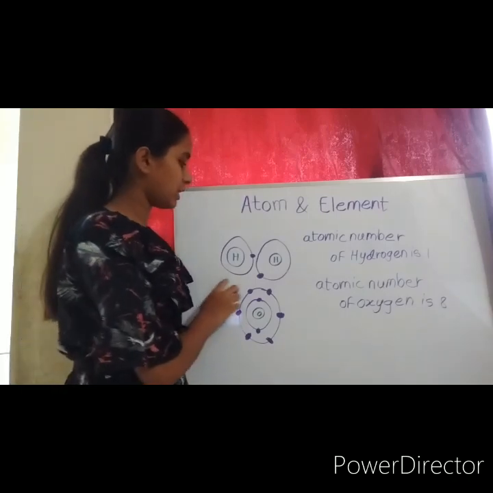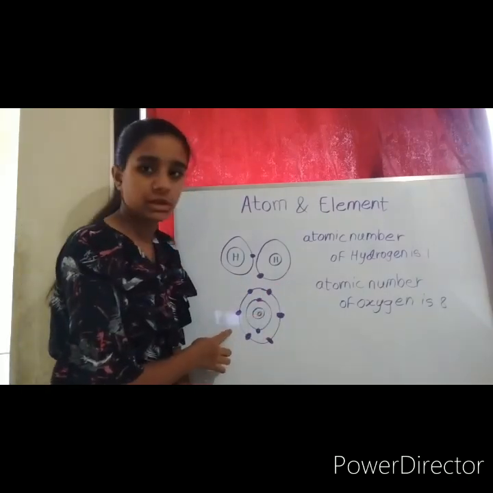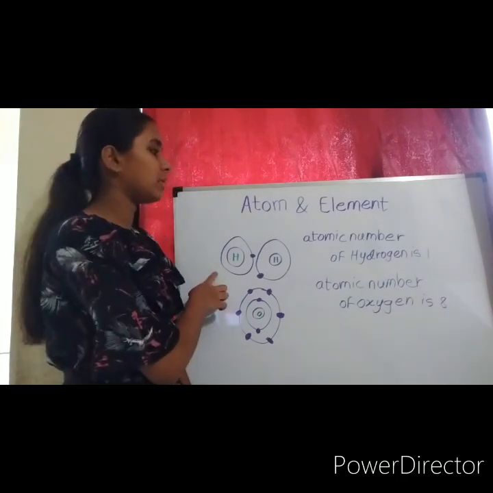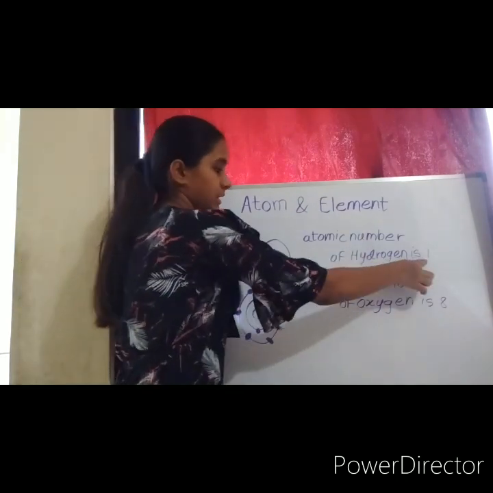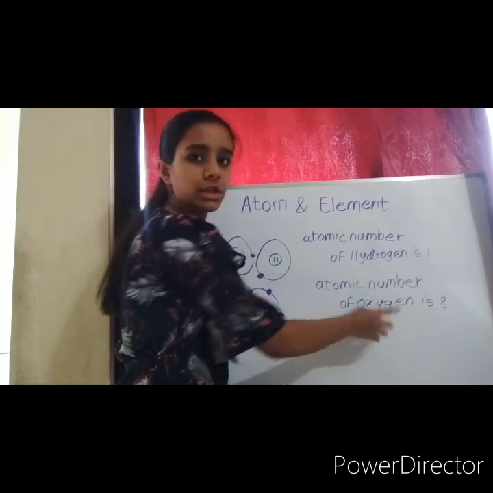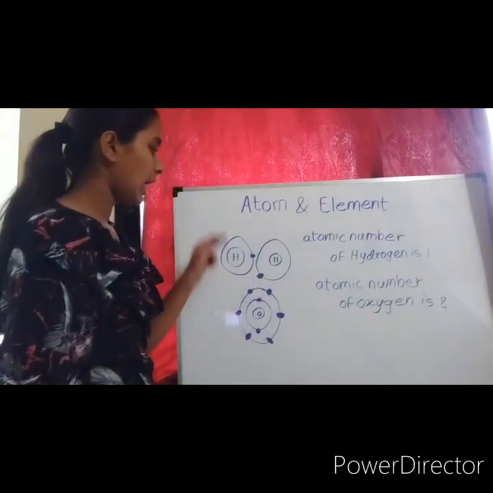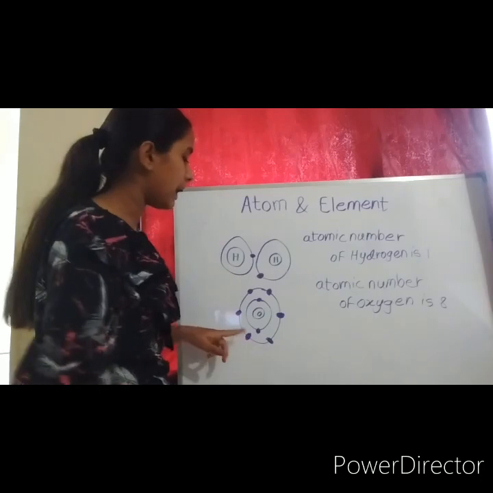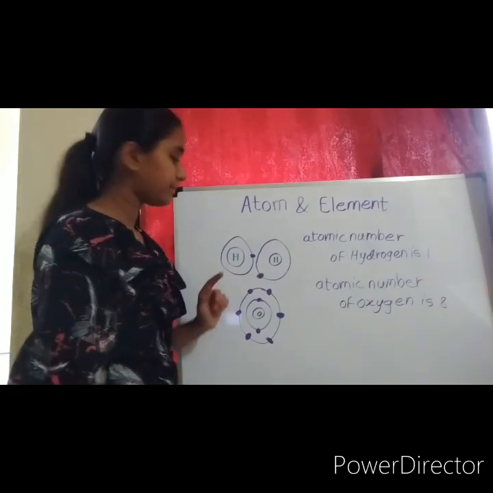In H2O there are two hydrogen and one oxygen present. The atomic number of hydrogen is 1 and the atomic number of oxygen is 8. Therefore, hydrogen has one shell and oxygen has two shells.